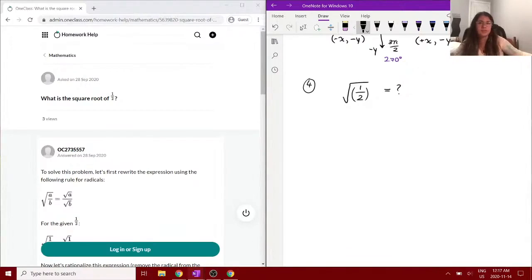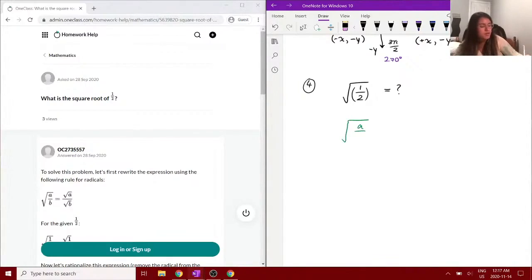Okay, let's start by using the rule. There is a rule for radicals. I'm writing it in green so you can see that it's the rule.